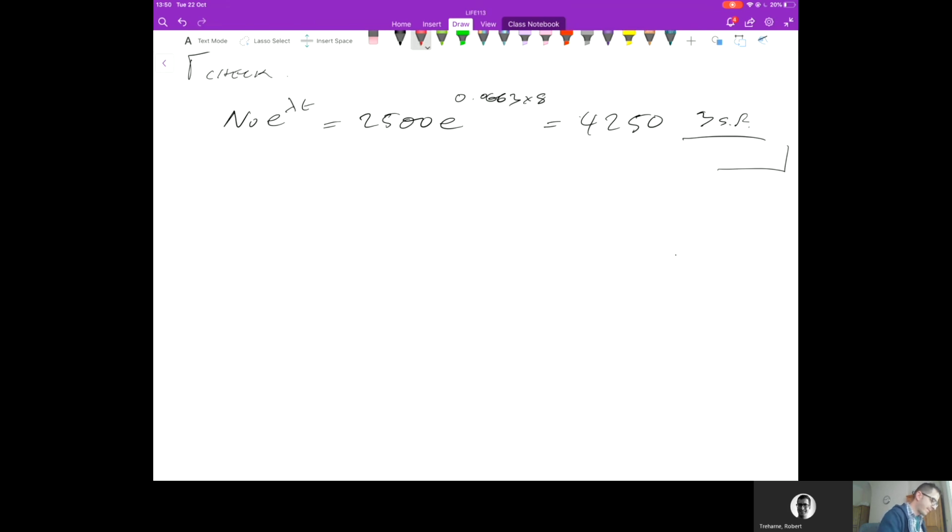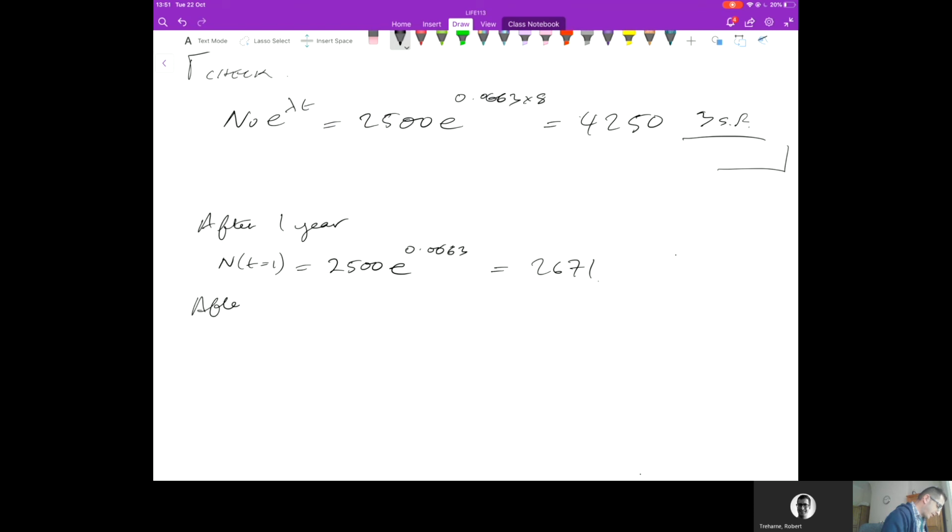Next, the question was asking us to calculate the population after a single year, so that's N at t equals 1. I'm just going to plug the values in. My N0 is still 2,500, and my exponent is now 0.0663 times 1. That gives me a value of 2,671.